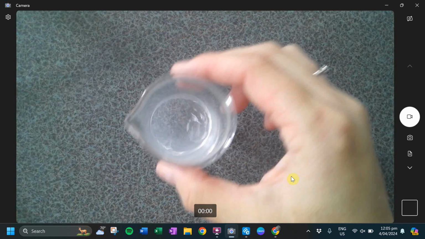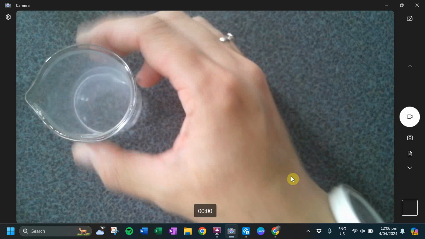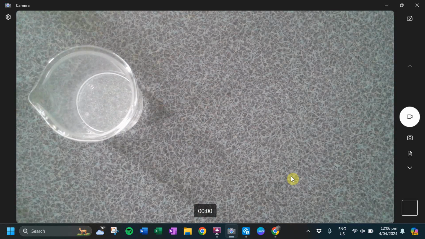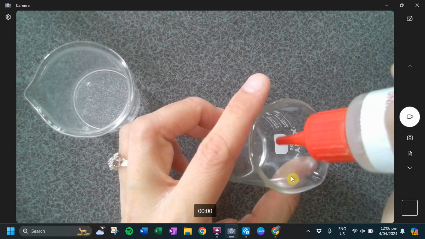Do you want me to grab iodide so you can compare? Alright, I'm just grabbing iodide so you guys can have a comparison. So here's iodide.